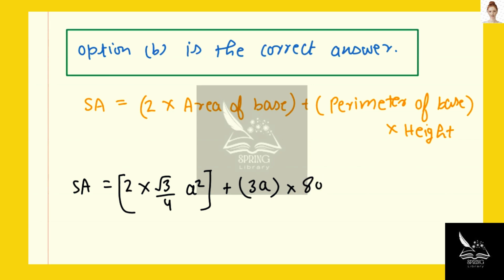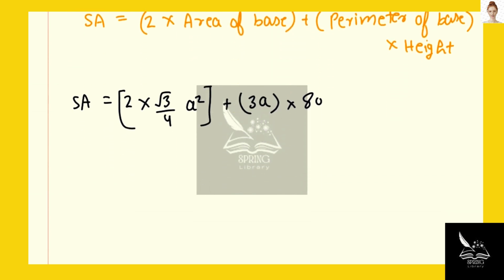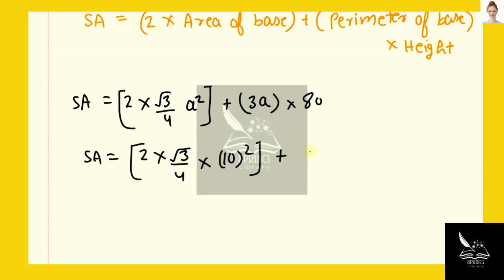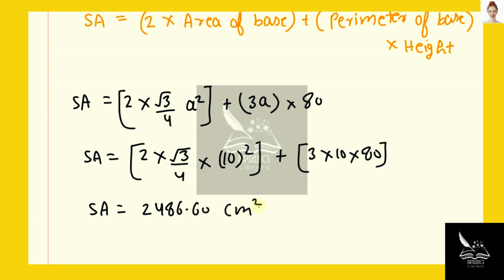Now substitute all the values. So we can write surface area of the prism is equal to 2 times root 3 over 4 times 10 square plus 3 times 10 times 80. On further simplifying, finally we get surface area is equal to 2486.60 centimeter square.